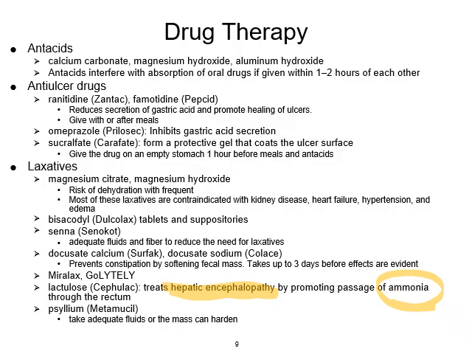Then we can give the patient lactulose because it helps promote passage of the ammonia through the rectum. When that ammonia level gets too high, it's what we call hepatic encephalopathy, where the brain is actually affected. So that's why we can give the patient lactulose, because it can help treat hepatic encephalopathy, which is when the brain is affected due to a high level of ammonia.